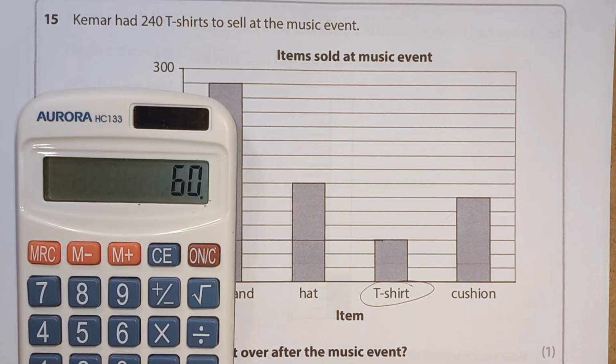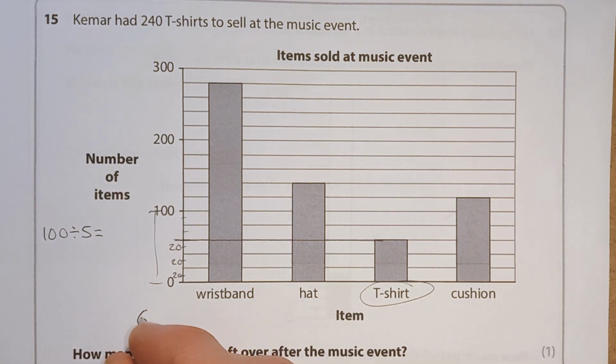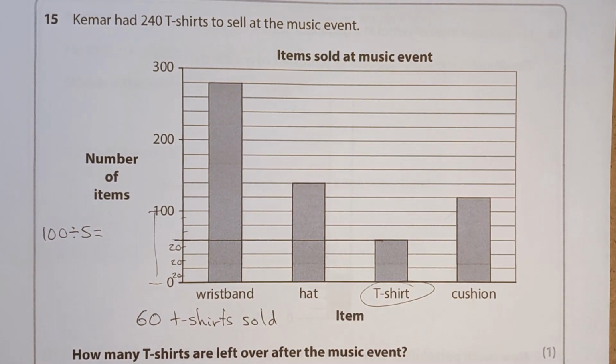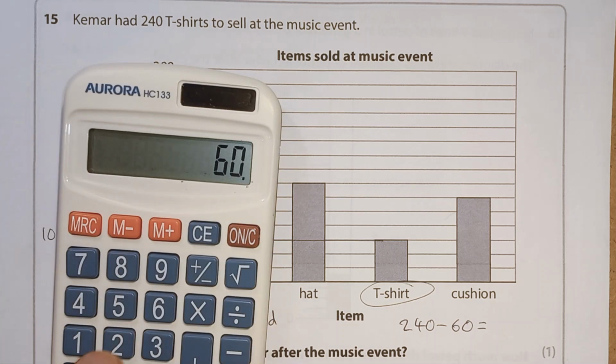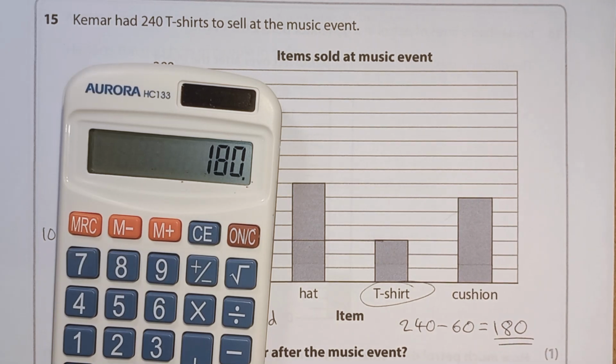They must have sold 60 t-shirts. But they said how many t-shirts are left over? Well, if you're starting with 240 and you sell 60, we just need to take that off. And we get 180 t-shirts.